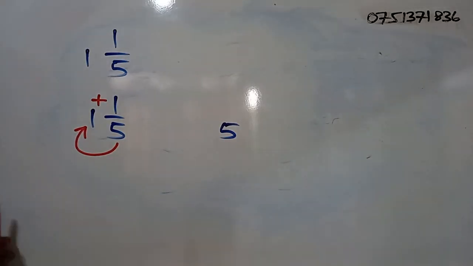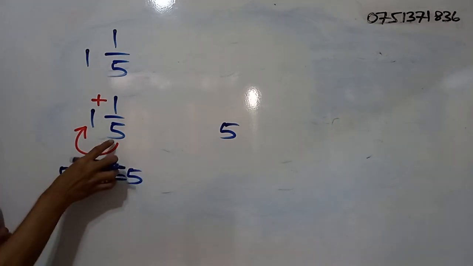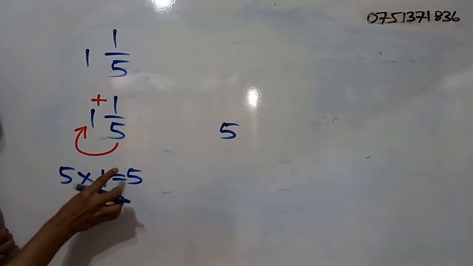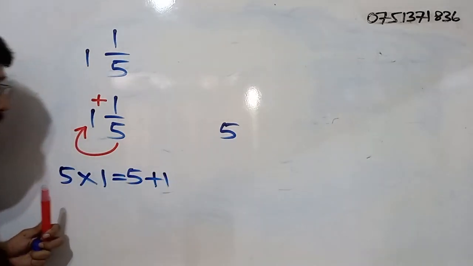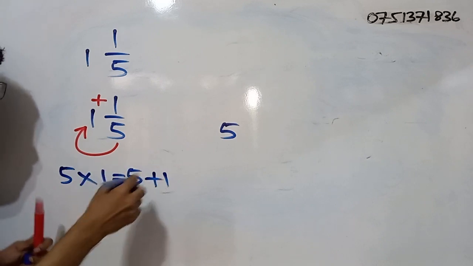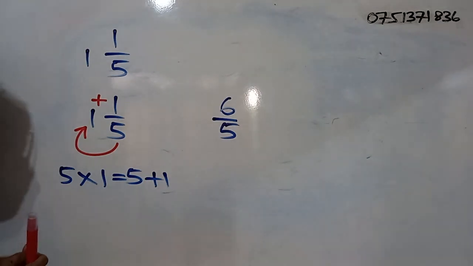So 5 into 1 is what? 5. But we are not done. We have to add the value of the numerator. In this case, what will it be? 1. So 5 plus 1, what do we get? 6. That is the value for the numerator.